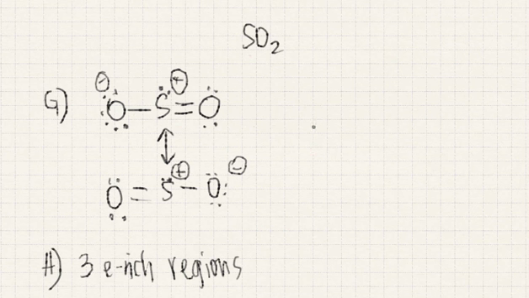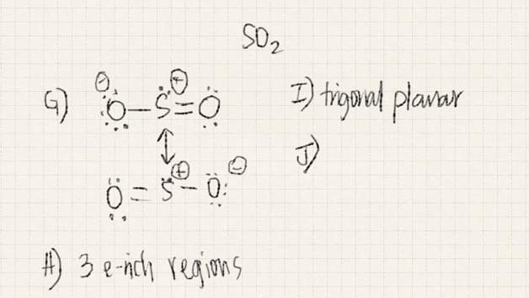So when there are 3 electron-rich regions, we call this trigonal planar. And so what kind of hybridization is trigonal planar? Well, remember the trick I told you. So if we have 3 electron-rich regions, we'll say sp2. 1 plus 2 equals 3. So the hybridization is sp2.